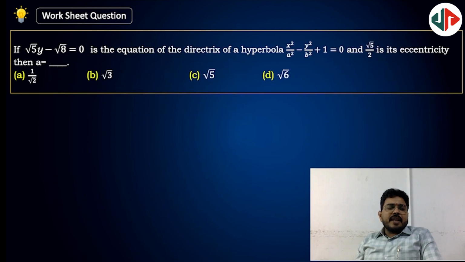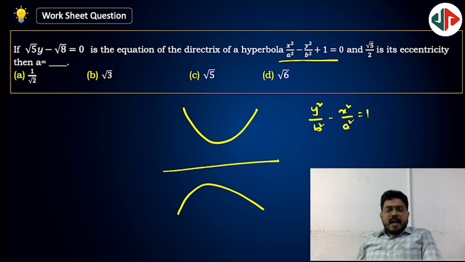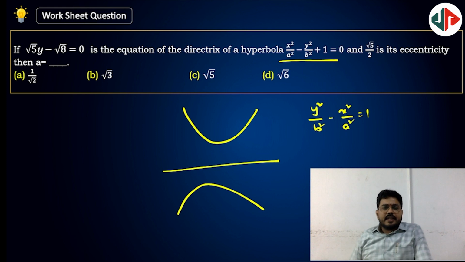Root 5y minus root 8 is equal to 0 is the equation of the directrix of this hyperbola. So what is this hyperbola? y square by b square minus x square by a square is equal to 1. So this hyperbola is going to be like this. Now, the further thing is the directrix.